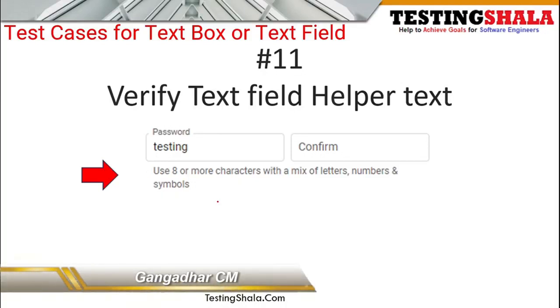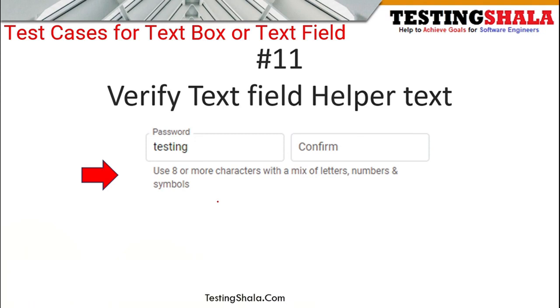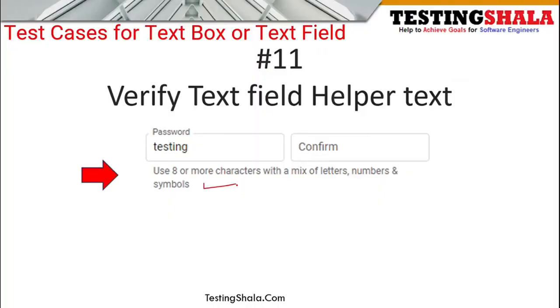There we should clearly inform the user that this field can only take this many characters, this many special characters only. That kind of message should be given below the text field or text box. If the requirement says that there should be a helper message in your text field, then you should also validate this kind of test scenario.